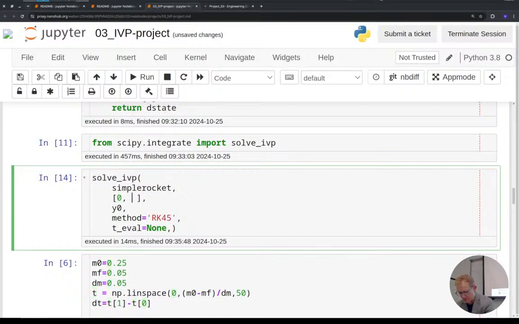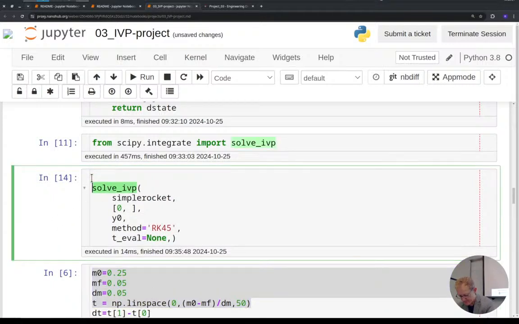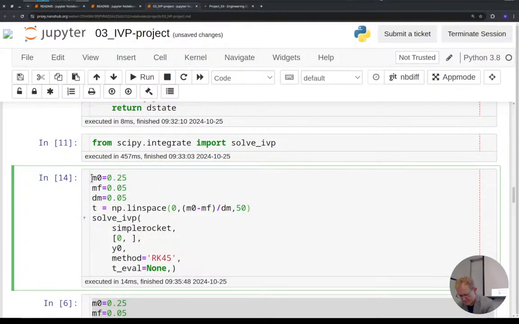We'll start at 0. How long can we burn before, right below, initial mass minus final mass over your mass change rate. Yeah, I guess I could grab this, right? So I could say t minus 1 like that.